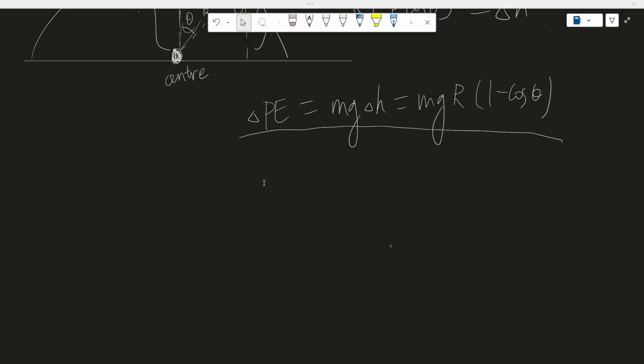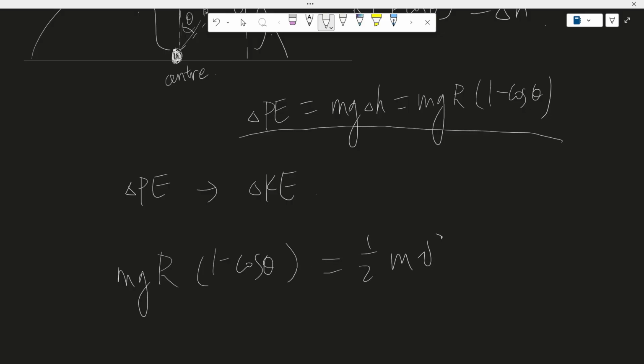And now that we have the expression for the changing potential energy, we know that since energy is always conserved because there's no friction here, whatever potential energy is lost converts to kinetic energy. And so we can write out the formula mgr(1 minus cosine theta) equals half mv squared.